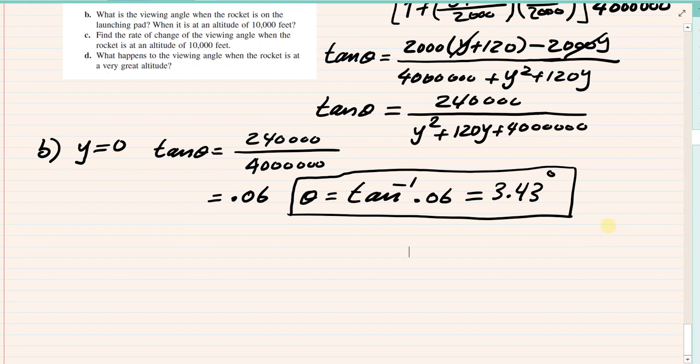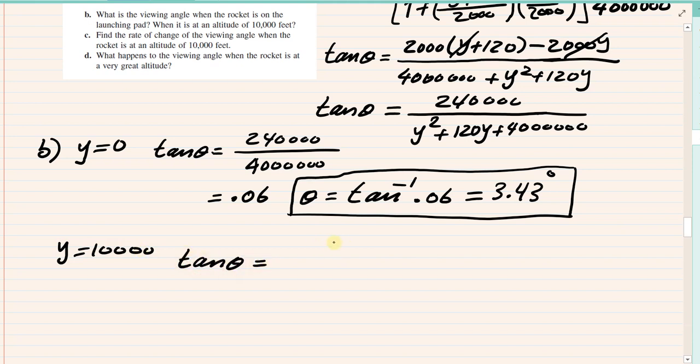And then, continuation of part B, the latter part of part B reads, when is it at an altitude of 10,000 feet? That is, what is the viewing angle when the rocket is at an altitude of 10,000 feet? So when y is 10,000, you just plug in 10,000, just like we did earlier for y.